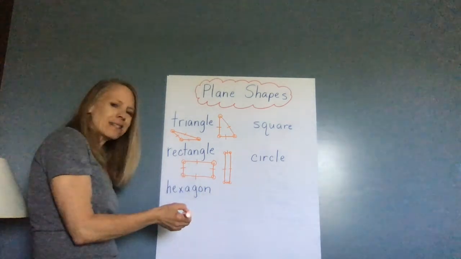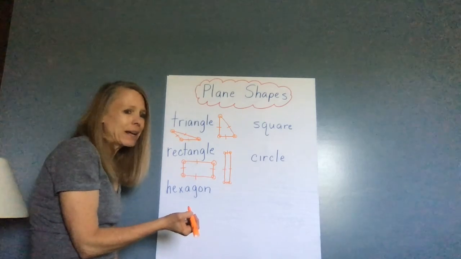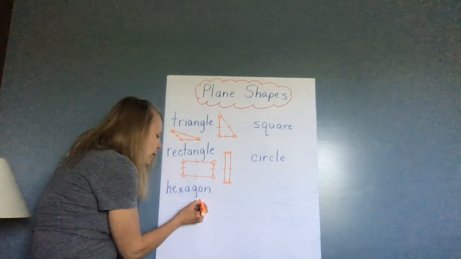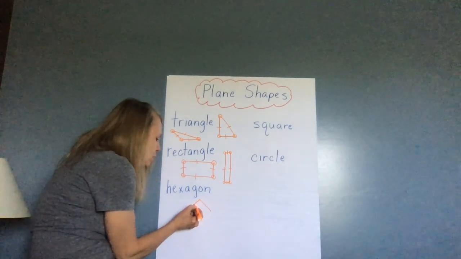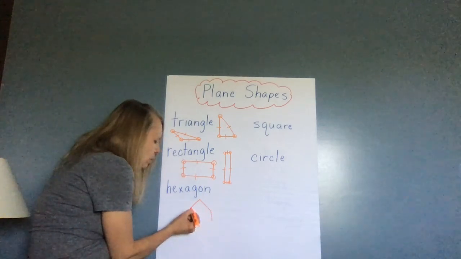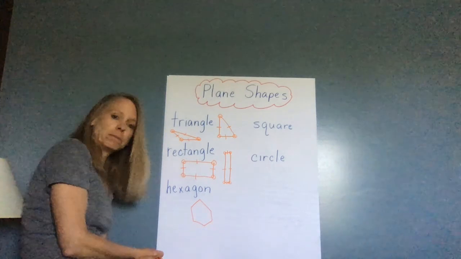Now, a hexagon, it's a little harder to draw, and I really have to think about it as I'm drawing it. I even sometimes have to look and say, okay, what do I want it to look like? Okay, so I'm going to do 1, 2, 3, 4, 5, 6.